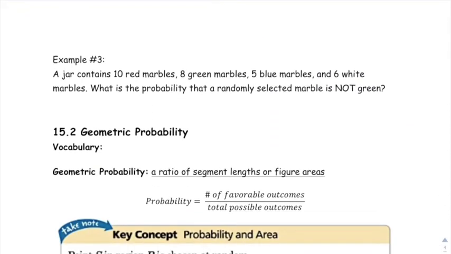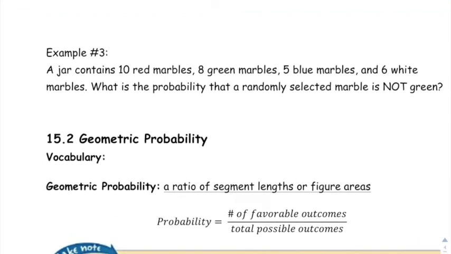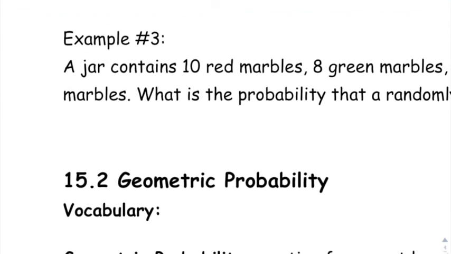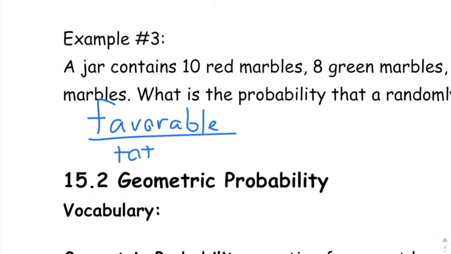Okay, let's see this next one here. A jar contains 10 red marbles, 8 green marbles, 5 blue marbles, and 6 white marbles. What is the probability that a randomly selected marble is not green? Okay, so we need to think about the favorable, or what we want to happen, over the total number of outcomes.